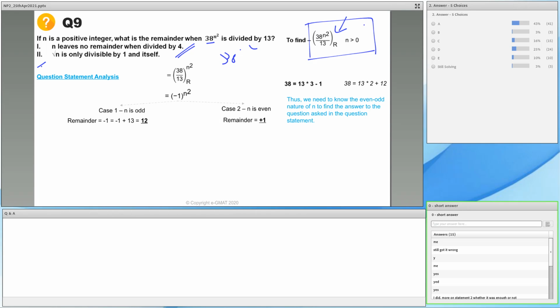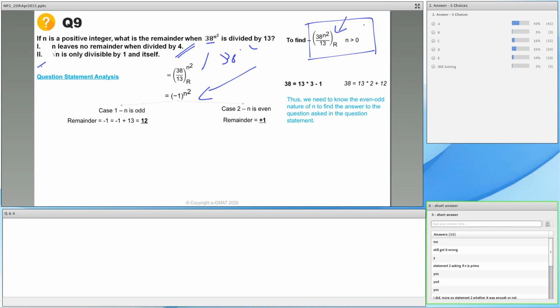I'll come to that. So if you simplified 38 to the power n square, we know that it's all about getting to that actual remainder. A negative remainder is easier, right? It's either a positive remainder, that is 26 plus 12, that can give you 38, but I'm not going to bother with 12 to the power of something. The easier way is 39 minus 1.